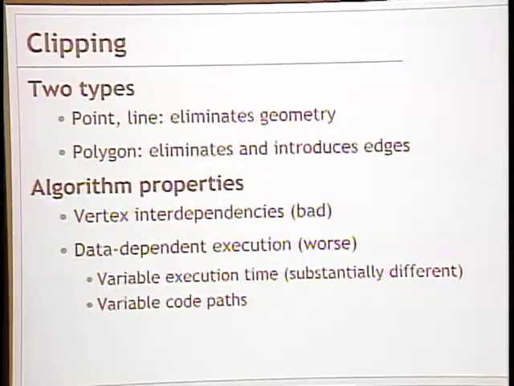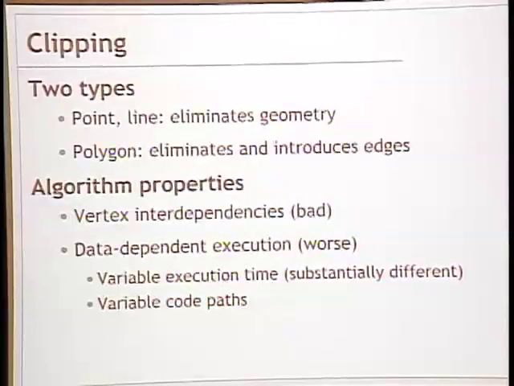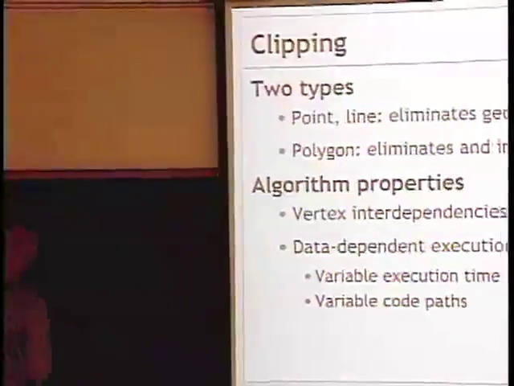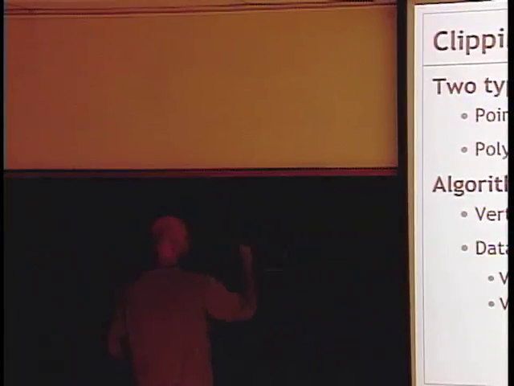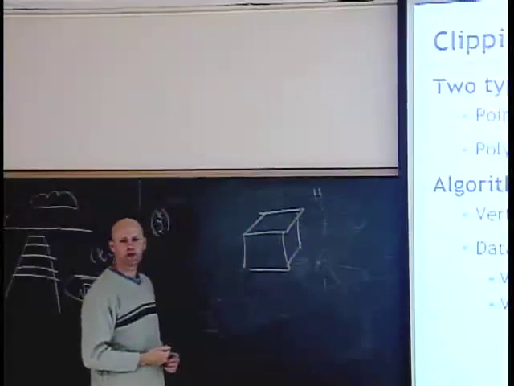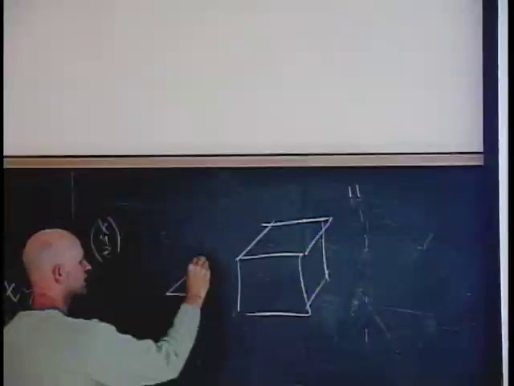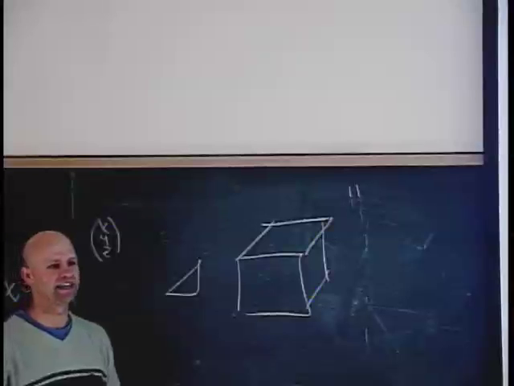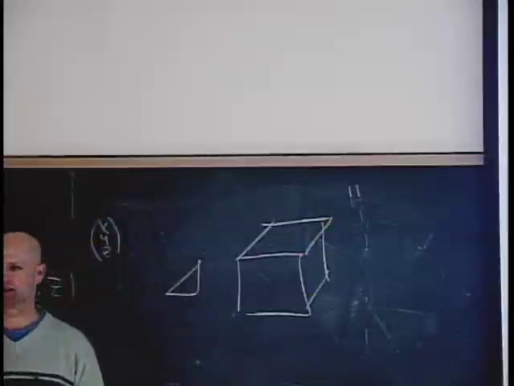So let me ask, what's the worst case here? If we have a triangle and a box, and I was really mean and I specified the triangle in a bad way, so I have some sort of triangle and I'm going to intersect it with this box, how many-sided polygon could we end up with?